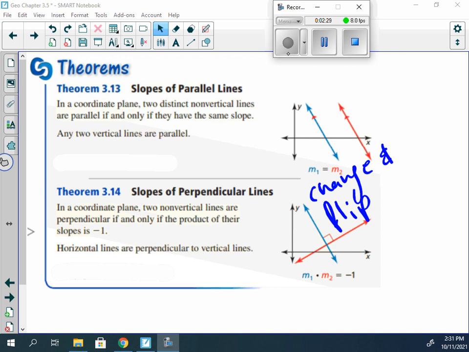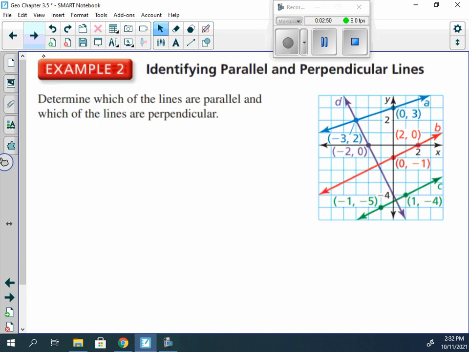They're perpendicular if the slopes are the opposite reciprocal. We change the sign and flip for the slopes to be perpendicular. And that's really what we're going to be looking at today, to see if the slopes of the lines are the same or opposite, to tell if the lines are parallel or perpendicular.